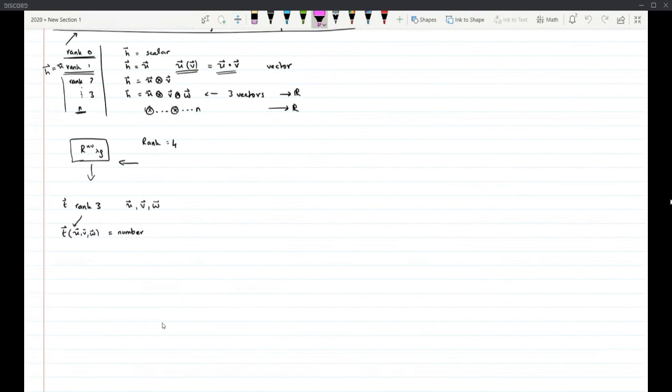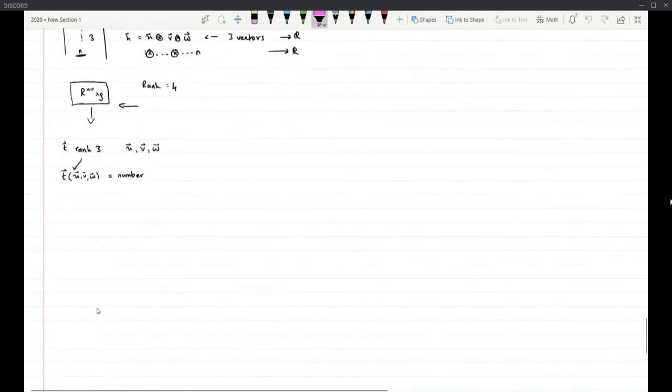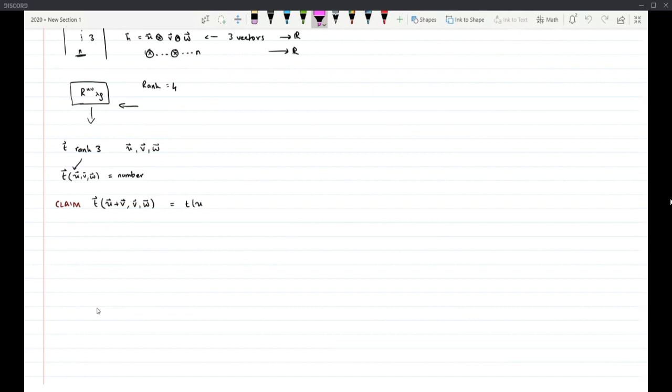Now, there's a couple of properties, and can I ask you to prove this? If one of you who hasn't spoken yet can tell me immediately how you think you prove it, right? I claim, write that here, that the tensor has this particular property, that T of U plus V, comma, V, comma, W, okay, we're working with a rank 3 tensor right now, is equal to T of U V W plus T of V V W. This is my claim.